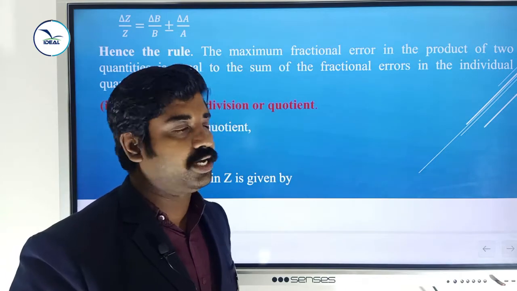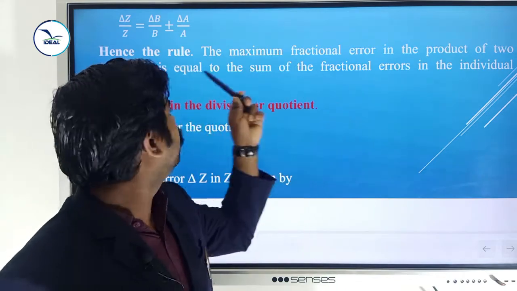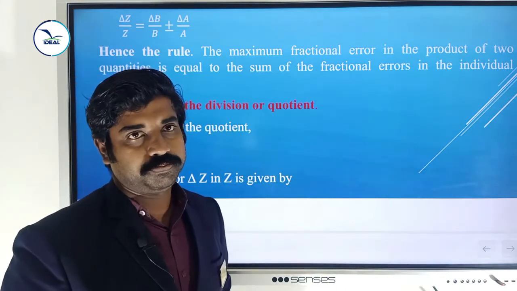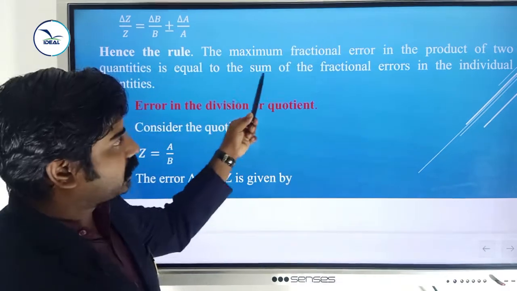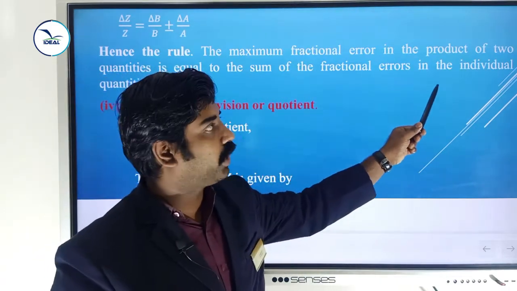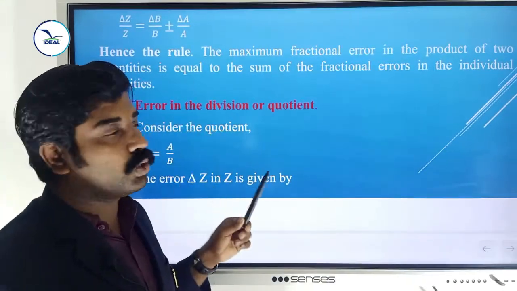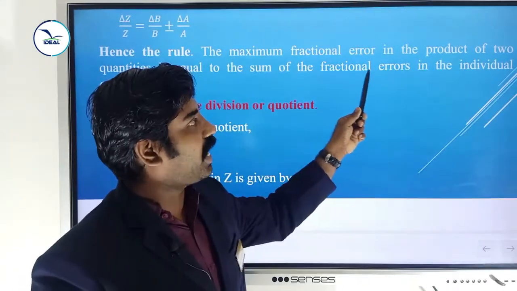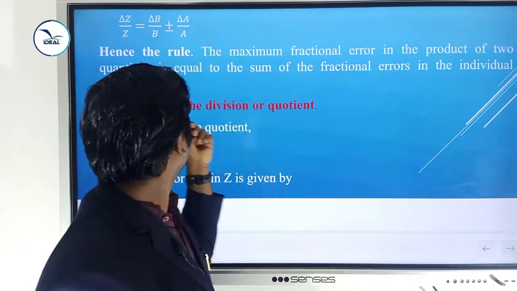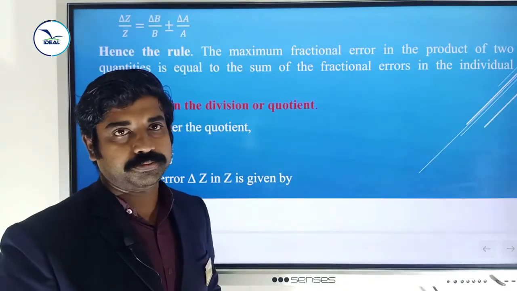Fractional error means the relative error. That is the rule.